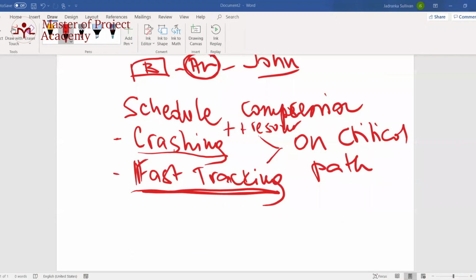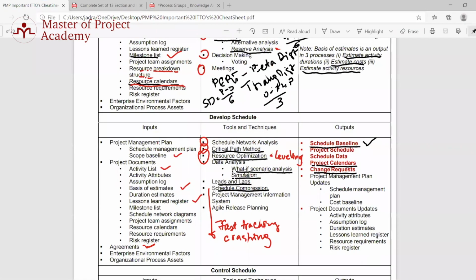Here you see leads and lags. In develop schedule, all these tools and techniques are used. The critical path method, right? So we see what the critical path is on our project. We do resource optimization, that is the leveling and smoothing.